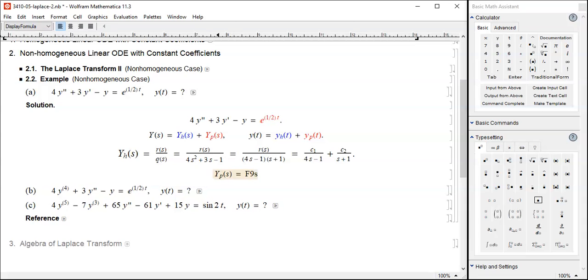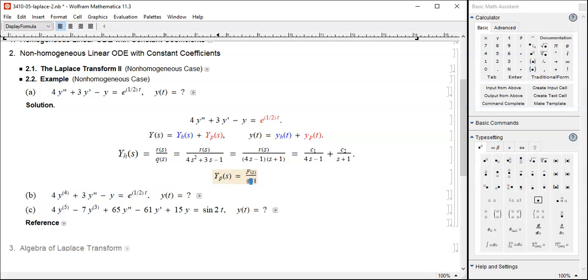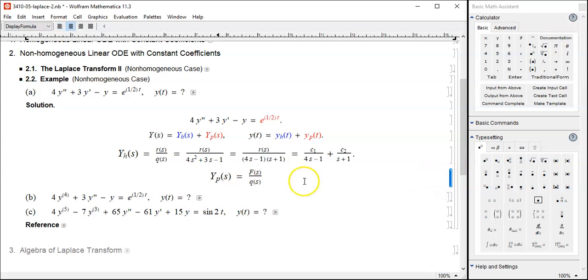Now how about yp? And that is capital F of s over Q of s. I can't see it very well, so let's make it bigger. Okay, what is capital F of s? It's the Laplace transform of this one over here, f of t. So what's the Laplace transform of that exponential? E to the at is 1 over s minus a, right?